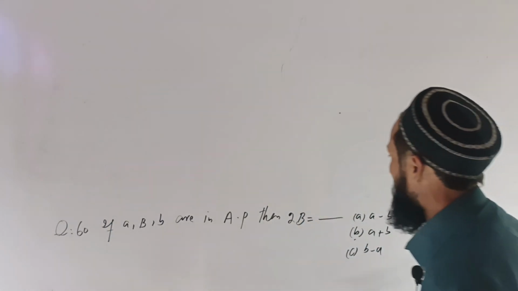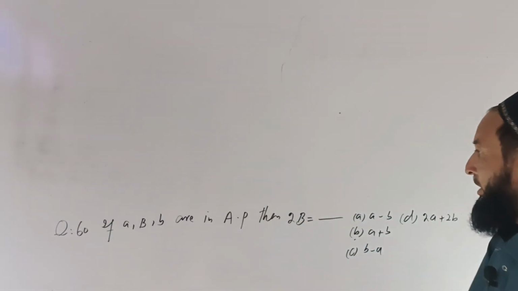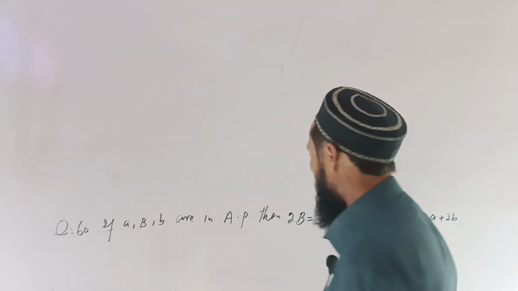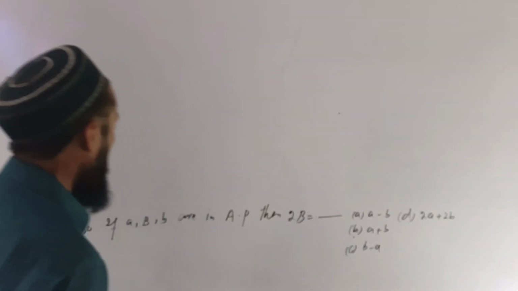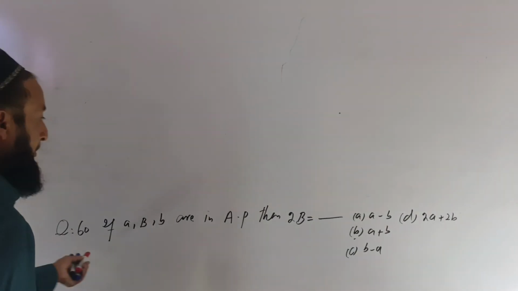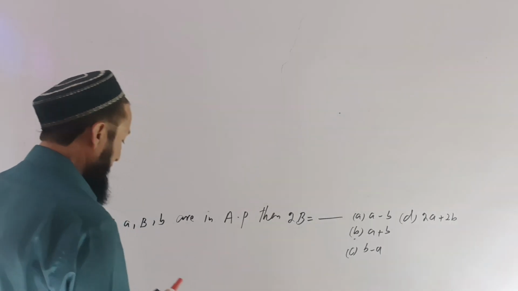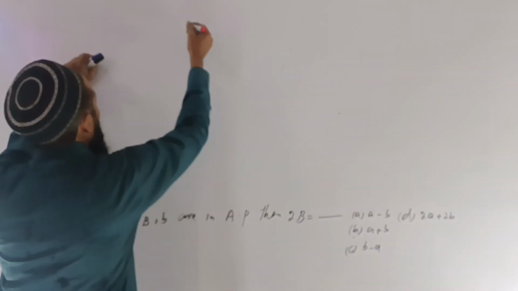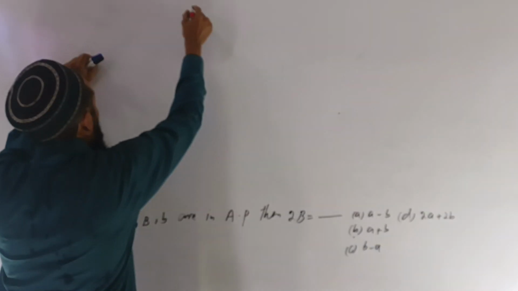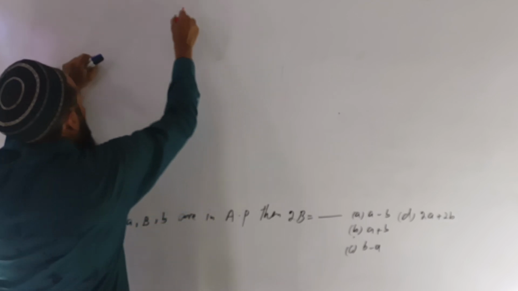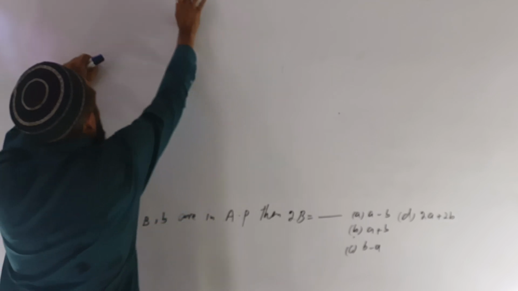In the arithmetic progression, what is the value of 2B? As we know in an arithmetic progression, if we find B minus A, we can write the common difference.